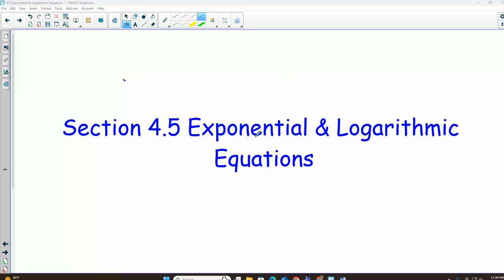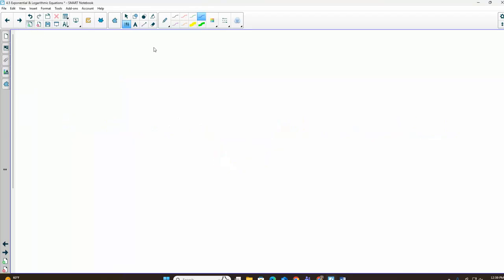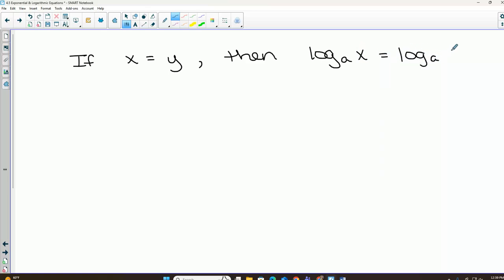So the property that we are going to use is: if x is equal to y, then log base a of x is equal to log base a of y, and vice versa.